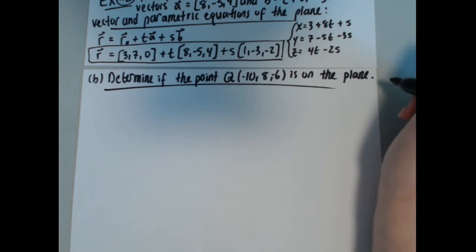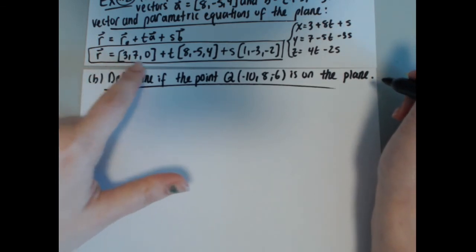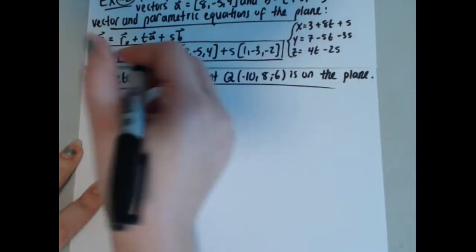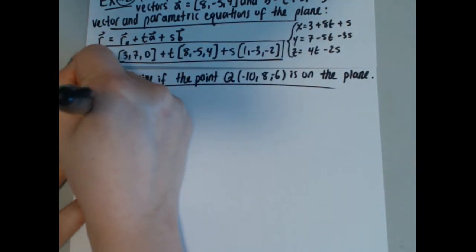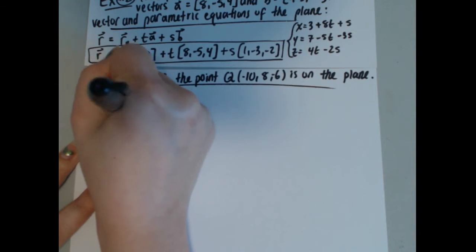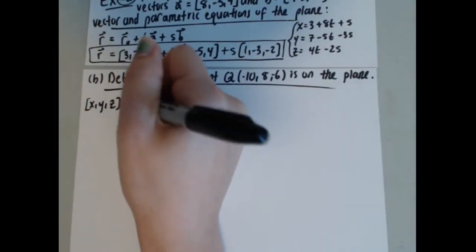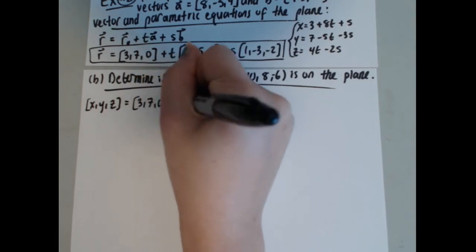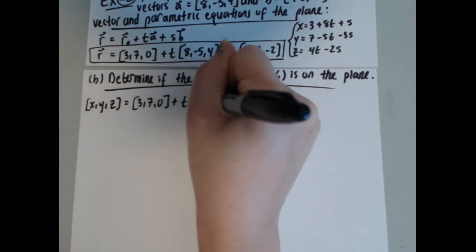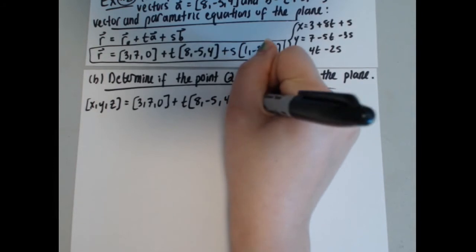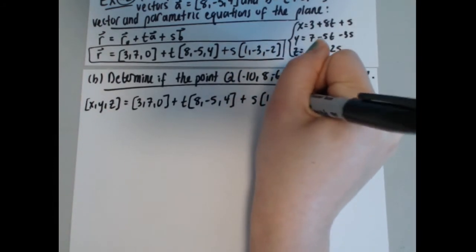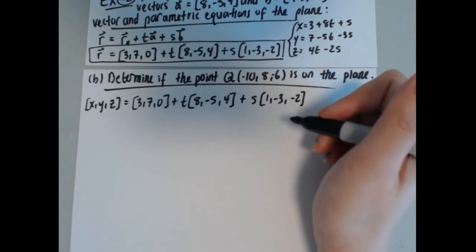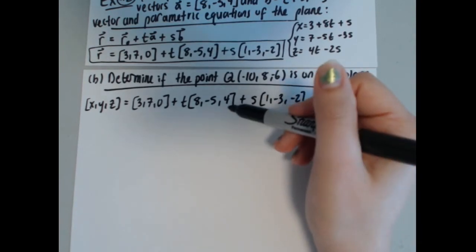So just like before, we're going to take the equation of the plane and we're going to take that point and sub it in and see what we get. So what we really have here, the equation of the plane is [x, y, z], which is r, and that's equal to [3, 7, 0] plus t[8, -5, 4] plus s[1, -3, -2]. Now, if you remember doing these types of problems in 8.1, we only had one parameter to deal with.